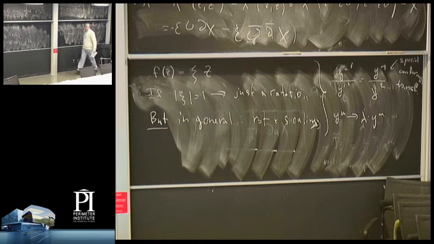And so in general, the conformal group in higher dimensions is generated by translations, rotation, scaling, and the special conformal transformation. So 2 dimensions is special.